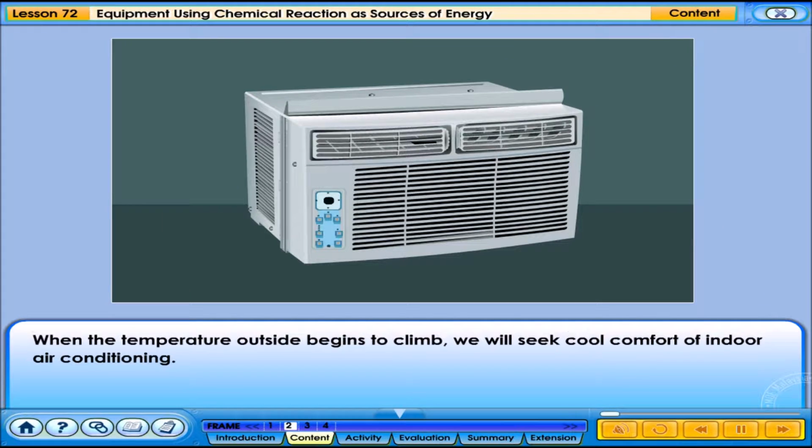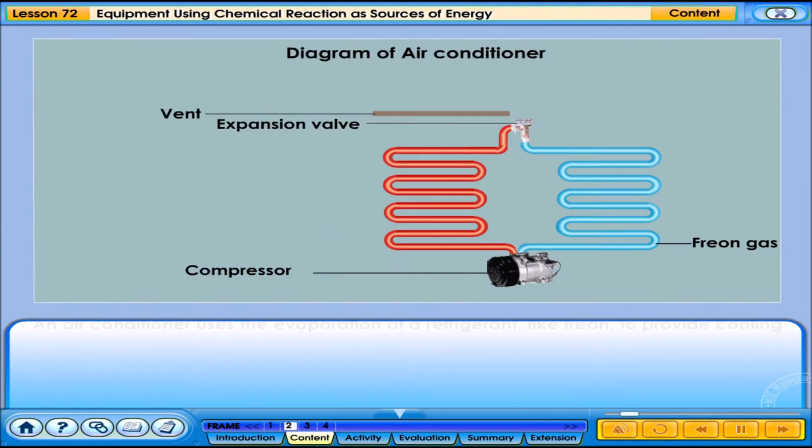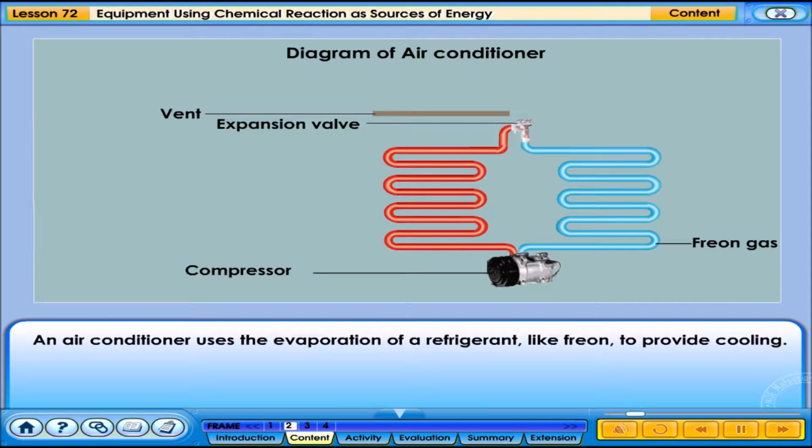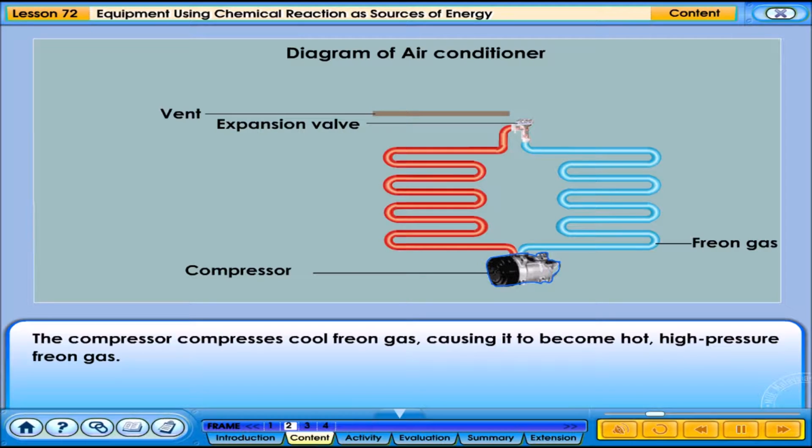When the temperature outside begins to climb, we will seek the cool comfort of indoor air conditioning. An air conditioner uses the evaporation of a refrigerant like Freon to provide cooling. The compressor compresses cool Freon gas, causing it to become hot, high-pressure Freon gas.